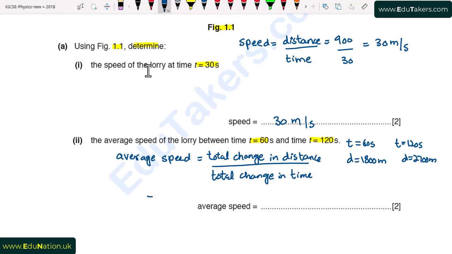So the average speed comes to be the change in distance, that is 2700 minus 1800, divided by time, that is 120 minus 60. So it will be equal to 900 divided by 60, and it is 15 meters per second. So the average speed is equal to 15 meters per second.